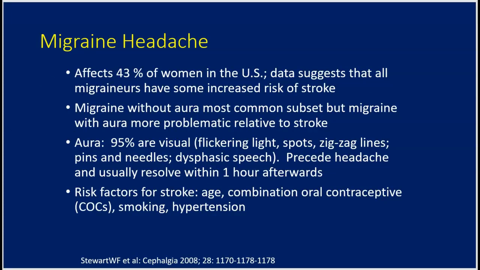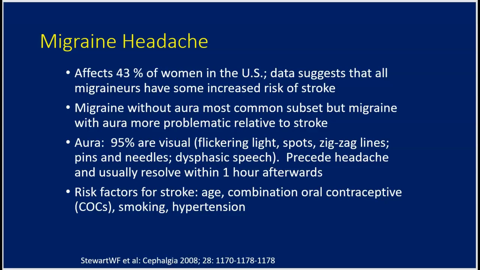Migraine headache, again, is very common, affecting about 43% of women in the United States, and clearly there is data that suggests that all migraineurs have some increased risk of stroke, and we'll show you some of those studies. Migraine without aura is the most common subset, but migraine with aura is more problematic because of its higher relationship to the risk of stroke.